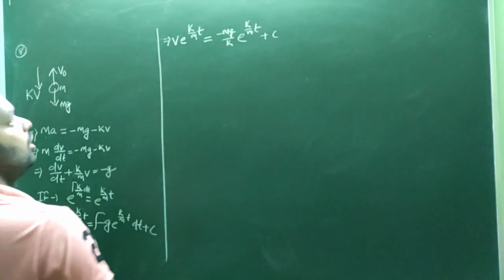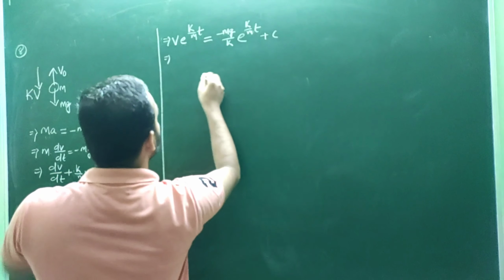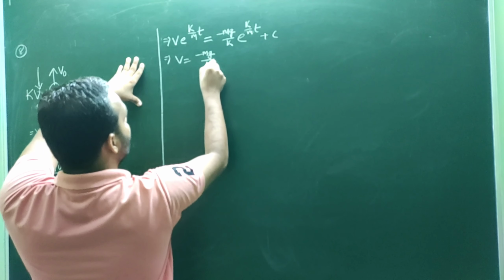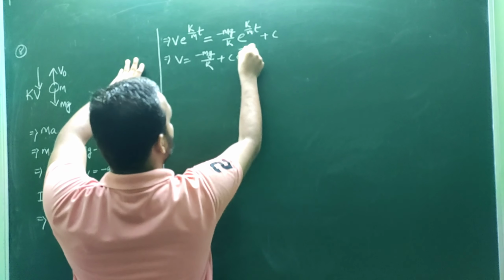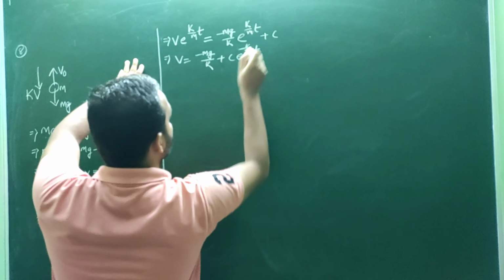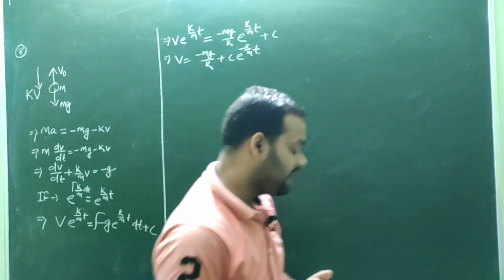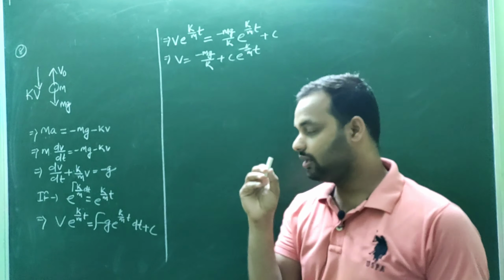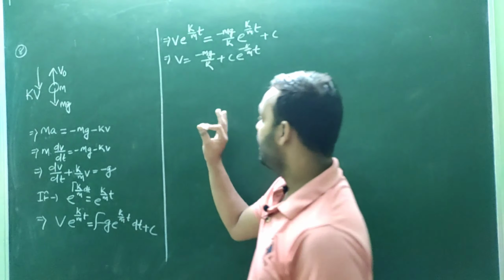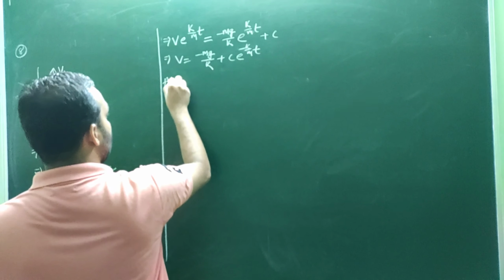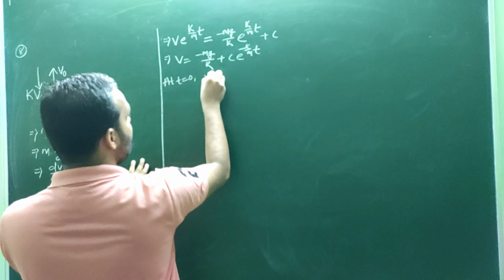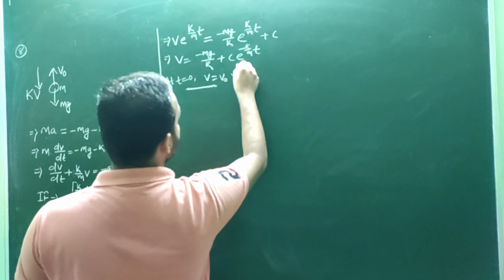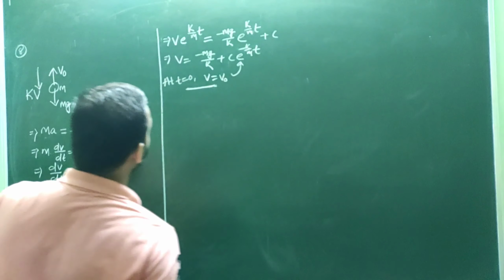If you want to write down, take this term to this side, so this will be cancelled, and we can write down minus mg by k plus c e to the power minus k by m t. Now the question maker has already told that you are sending this particle with initial velocity v naught. So at time t is equal to 0, the velocity is v naught. This is the initial condition, and we have to apply this to this equation to find out the value of c.